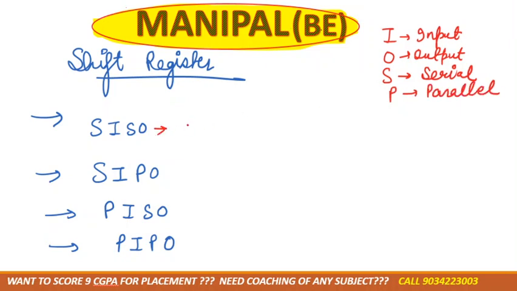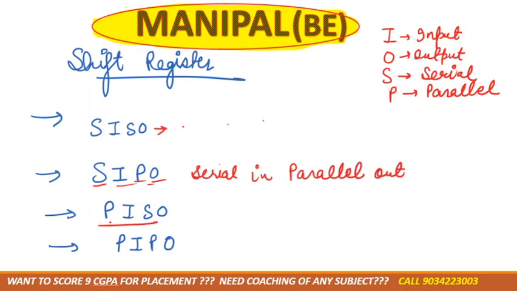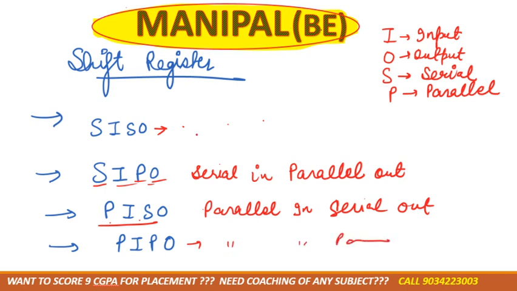So SISO is serial in, serial out. SIPO is serial in, parallel out. PISO means parallel in, serial out. PIPO means parallel in, parallel out. Understood?